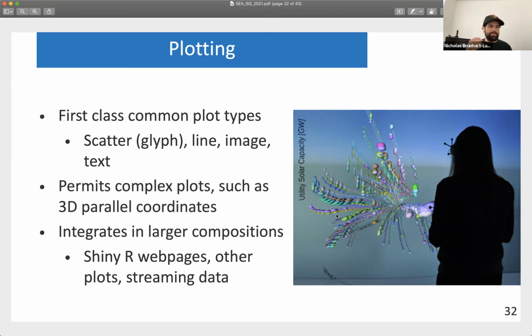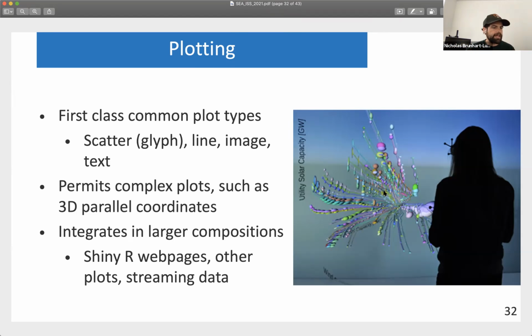Things like 3D parallel coordinates can be made with these sorts of plots. In this example, on the left side or right side of this figure, you can see a user has made a ladder plot. They're looking at the deltas between ensemble simulations, and you can create these very complex things with just these simple primitives.